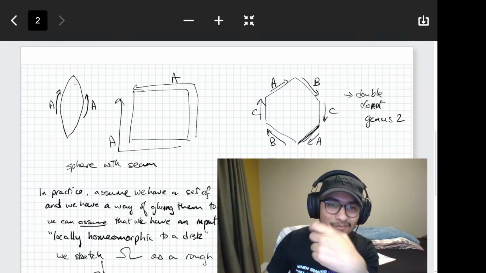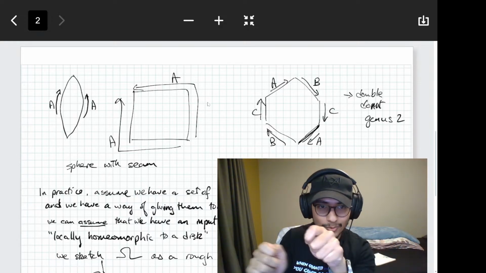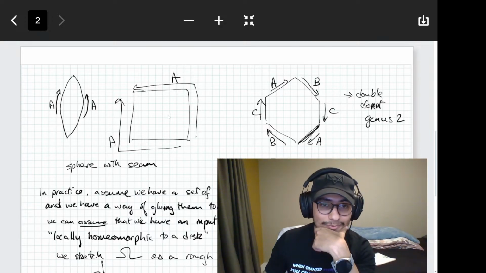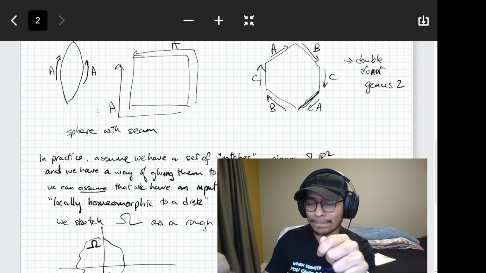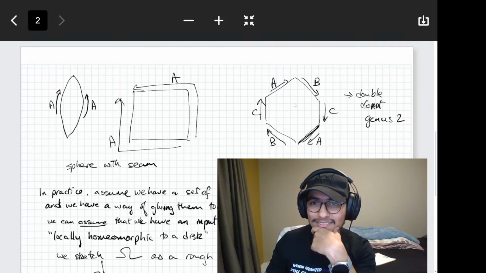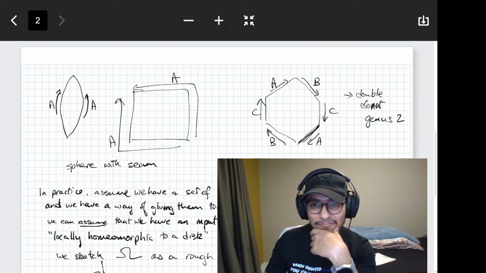If you bring this side and this side and glue them together, this is one way of gluing, I guess. And a double donut, genus 2. Okay, this is a hexagon, and if you glue AA along BB along CC.